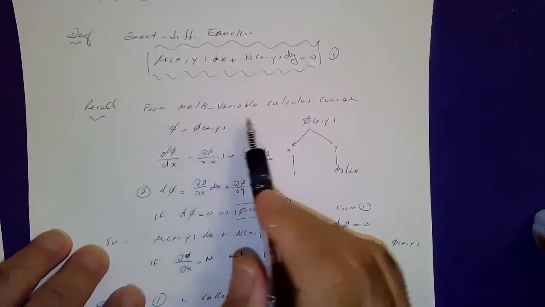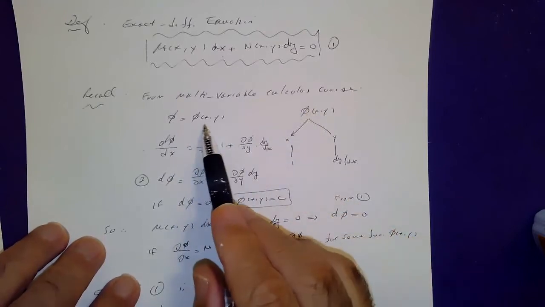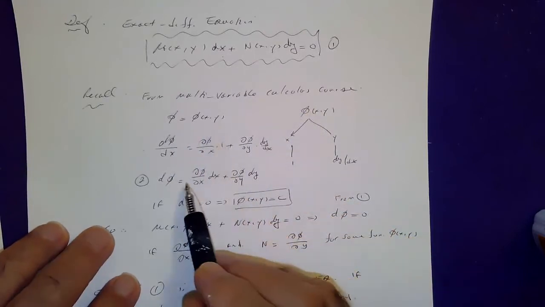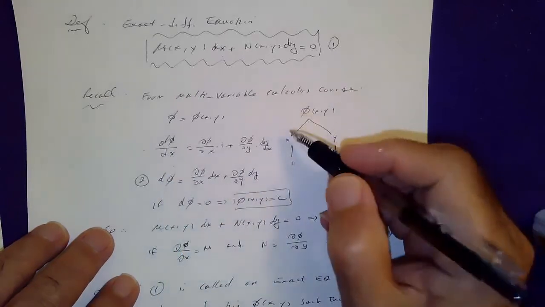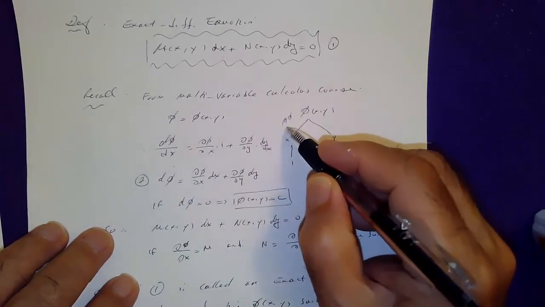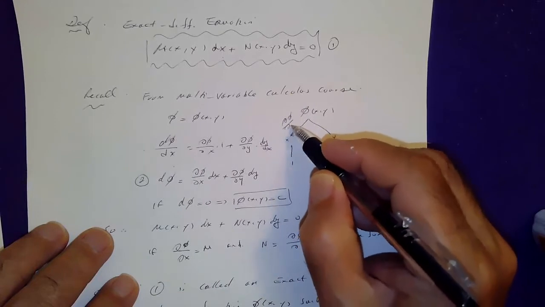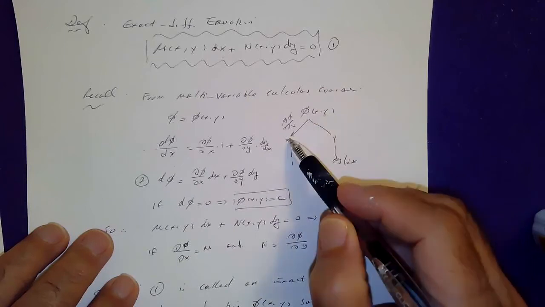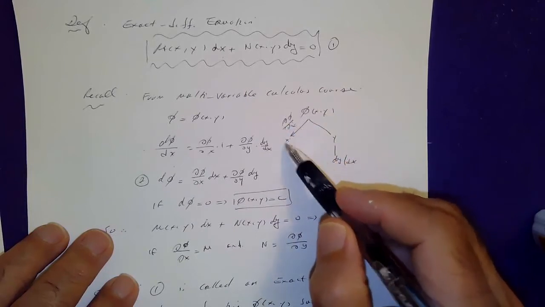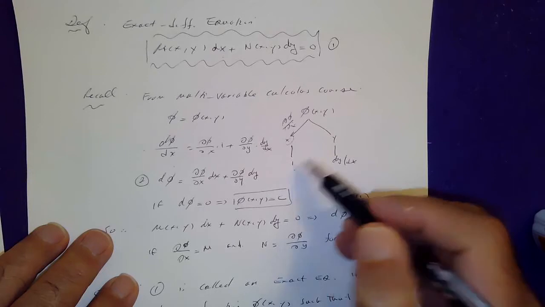If you remember from multivariable calculus, if you have a function of two variables, to find the total derivative, d phi over dx, you need to what? Multiply partial phi partial x by 1, because the derivative of x with respect to x is 1.